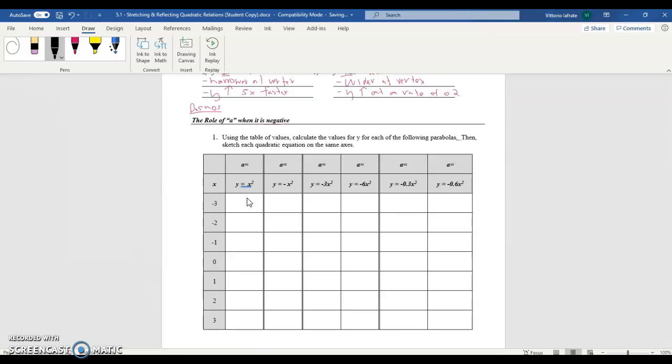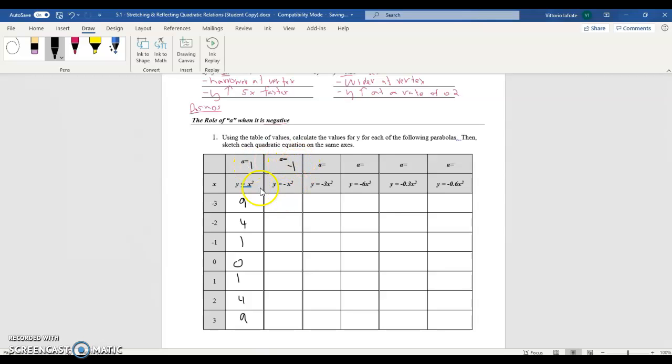We've already done that, so I'm just going to fill it out quickly. You're using the same x values, negative 3, negative 2, negative 1, 0, 1, 2, 3, giving y values 9, 4, 1, 0, 1, 4, 9. Now our a over here, so this is our a is 1, our a is negative 1 over here.